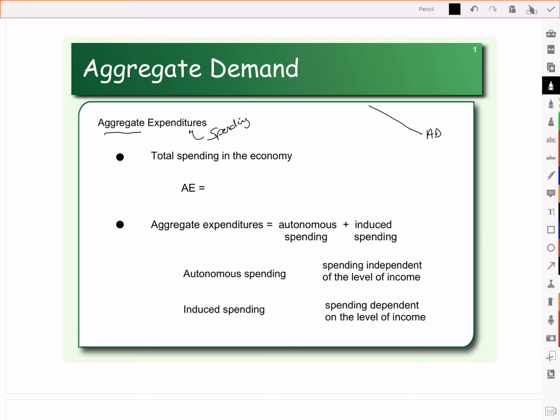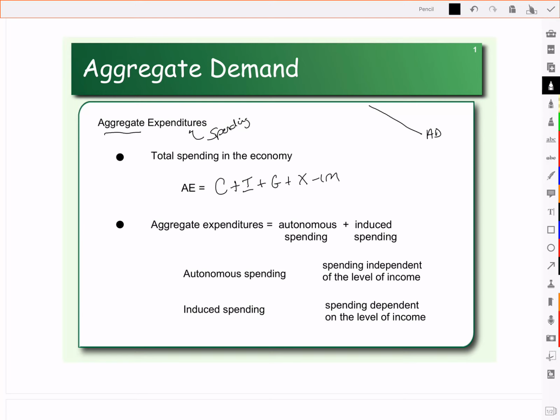So then we have to think back to our expenditure approach to calculating gross domestic product. So we're looking at who is doing the spending in the economy. And you'll recall the expenditure approach to gross domestic product is C plus I plus G plus X minus IM.